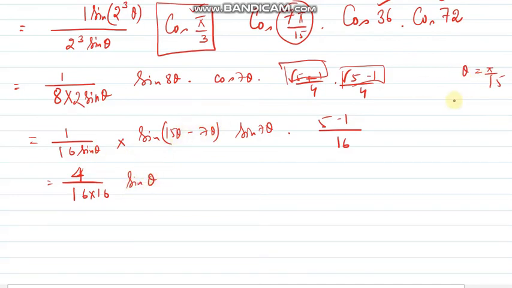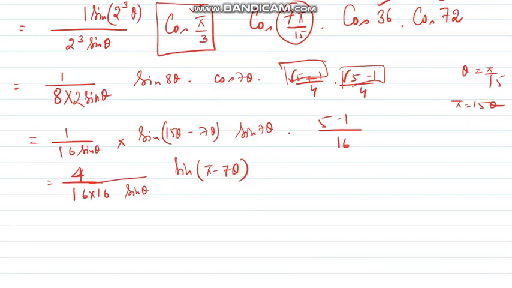Now what is 15 theta? 15 theta is equal to pi. So sine of pi minus 7 theta, that is in the second quadrant, right? So in the second quadrant sine of pi minus theta is sine theta, which will be in the denominator. So this sine of pi minus 7 theta, and this will be cos 7 theta. I made a mistake again.